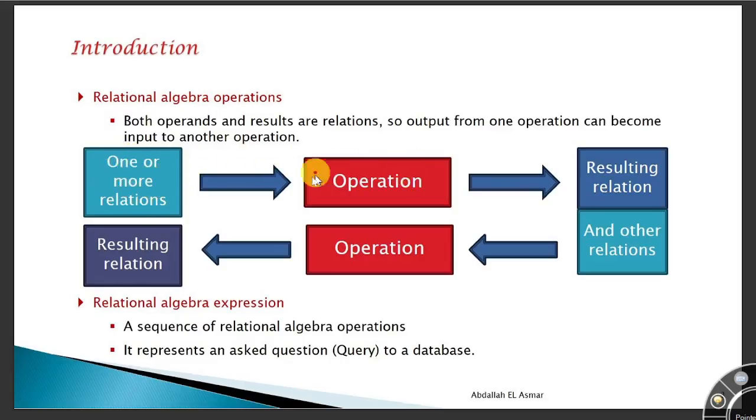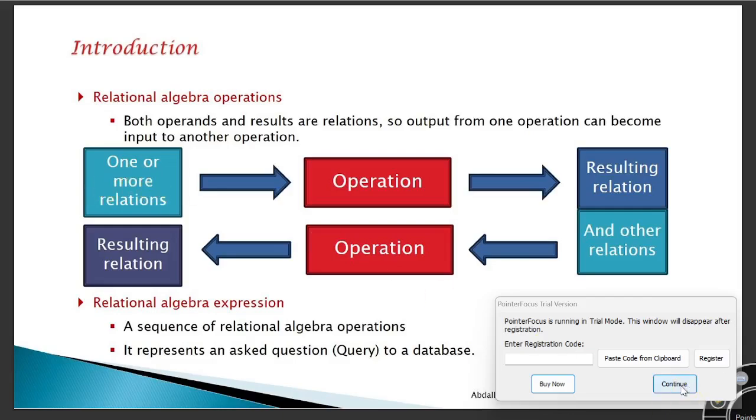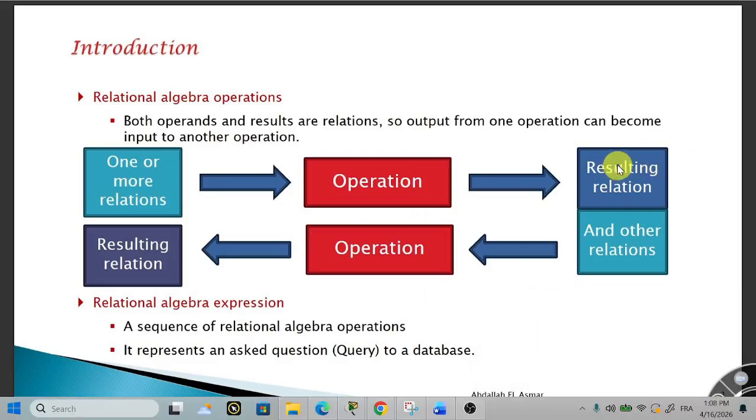This operation will create a new resulting table. On this resulting table, we can do another operation, the output being the input for another operation. We can execute another operation on the resulting table.